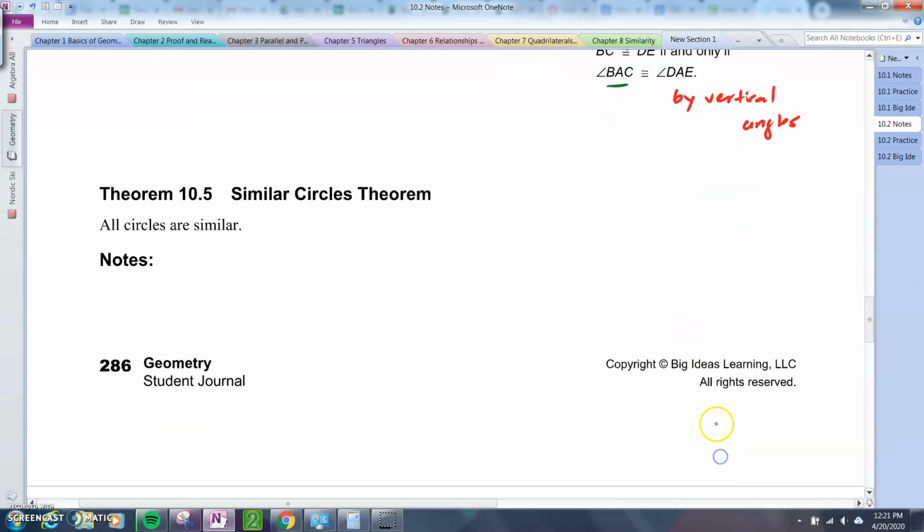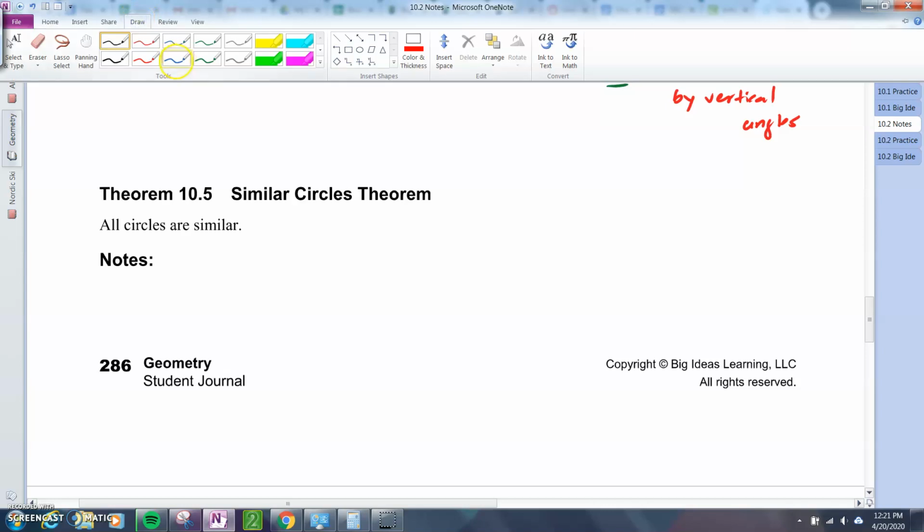10.5, well, guess what? All circles are similar, meaning all circles are the same shape because they're all circles, but they're different sizes. So that, remember, is our definition of similarity. Just want to write that.